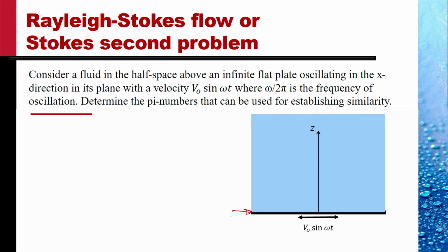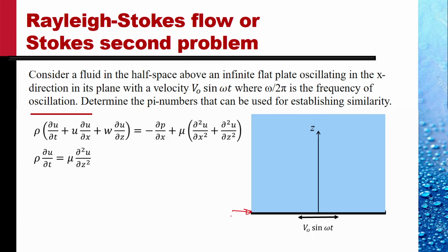We start with the governing equation. This is the equation of motion of the fluid when there is only one component of velocity u and there is no pressure gradient in x, y, or z direction.